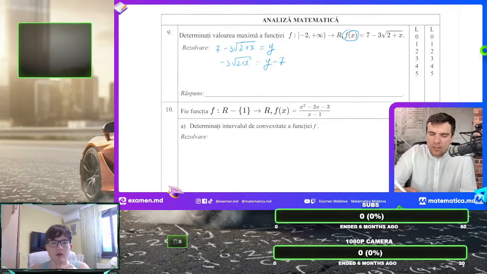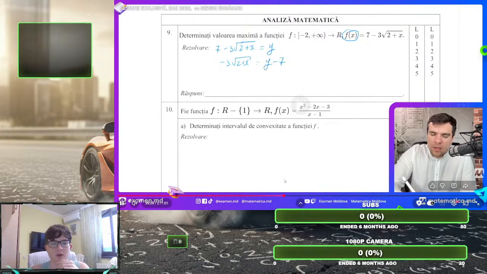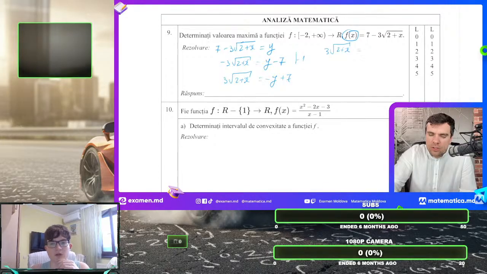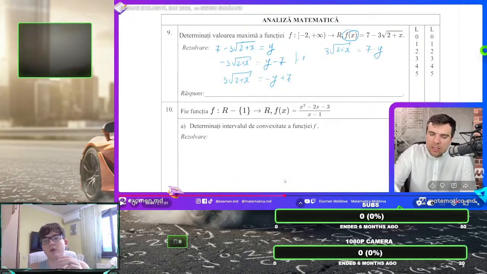And what can I do now? Well, the minus 3 is near the square root. And so what? Should I actually go and divide the expression by minus 3? We can remove a negative sign, and we can flip the signs like this, whatever. Yeah, I can switch around like this.